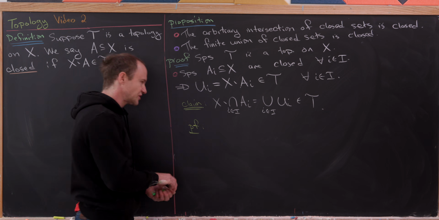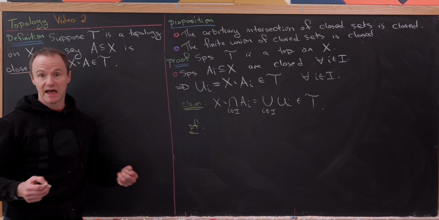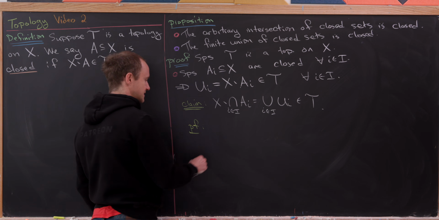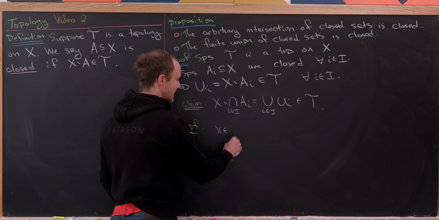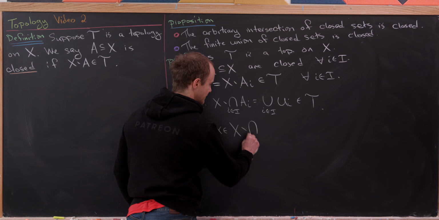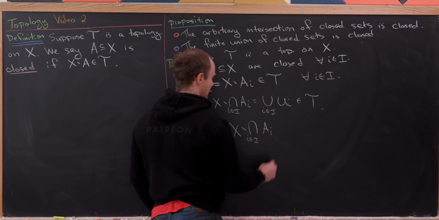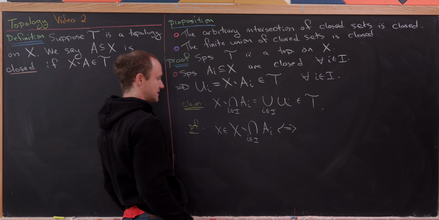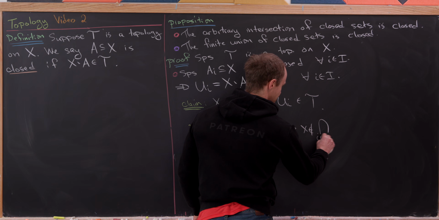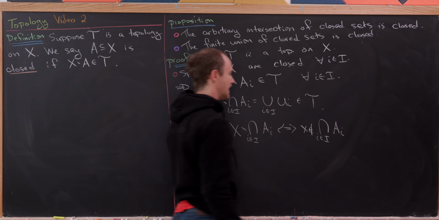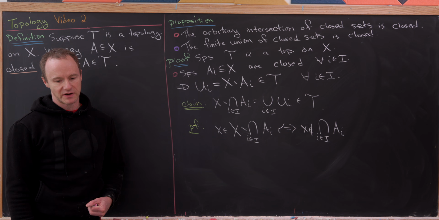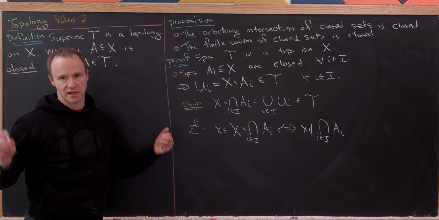Okay, so we can actually prove this claim by set inclusion, but we can do it really all at once using if and only if statements. So let's observe that if we take x in the set X minus the intersection over all I in I of A sub I, then that's if and only if x is not in the intersection over all I in I of A sub I. That's just the definition of being inside the complement of a set, is that you are not inside the set you're being complemented.